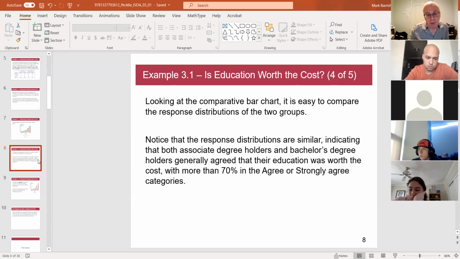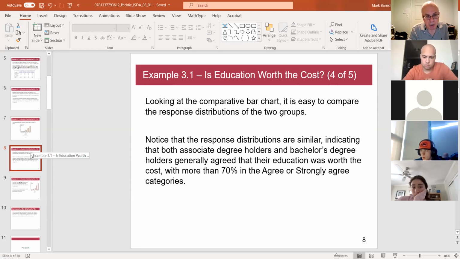Will I ask you to construct one of these things? Maybe in a homework or something like that, but not on a test. On a test, I would give you something like that, and if it's multiple choice, I'm just going to give you some choices, and there will be something that is true and something that is false.